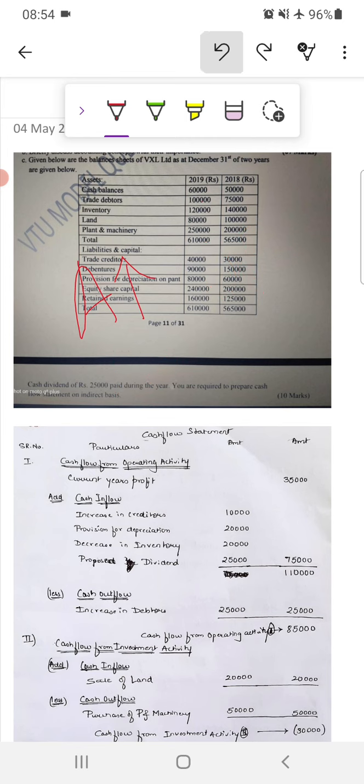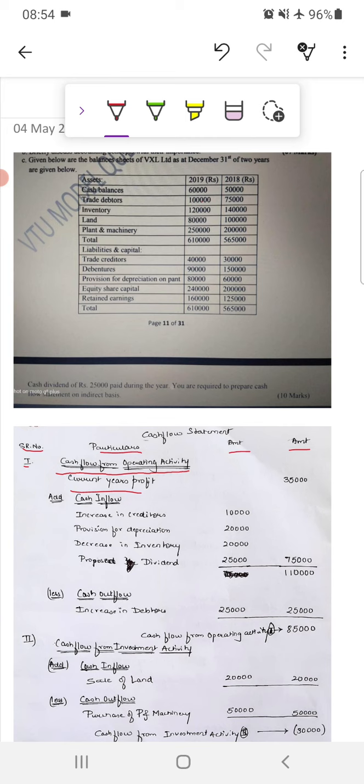First, prepare the format of a cash flow statement. So what all things are there in the cash flow statement? We have serial number, particulars, amount and amount. So first write down, cash flow from operating activity. Under that the first item is current year's profit. Let us not write down the amounts right now. First let us prepare the format.